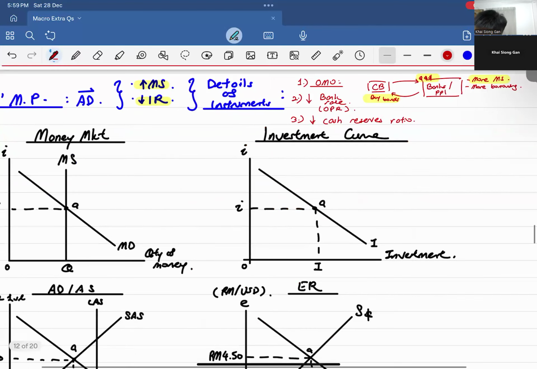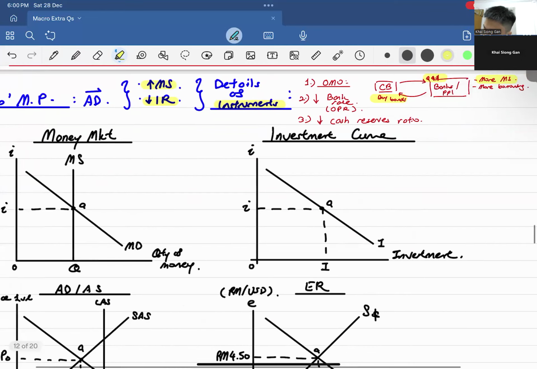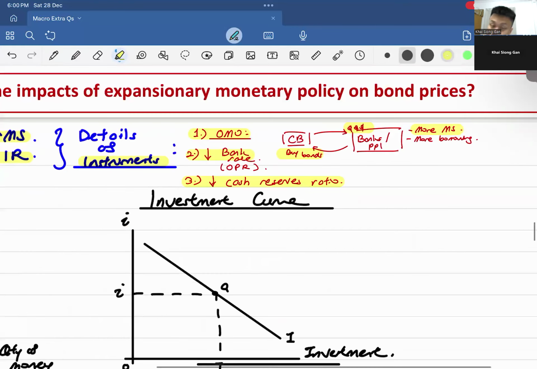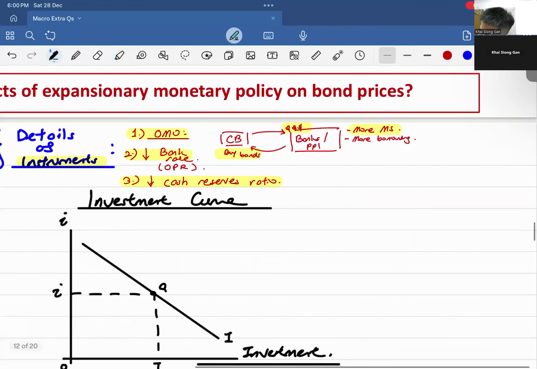So if the question asks you as a theory question about the instruments, what are the instruments of expansionary monetary policy? You can be specific in terms of each of it. Talk about the open market operations, the bank rate, and the cash reserve ratio. These are the details of the instruments, and you might need this for a theory question.